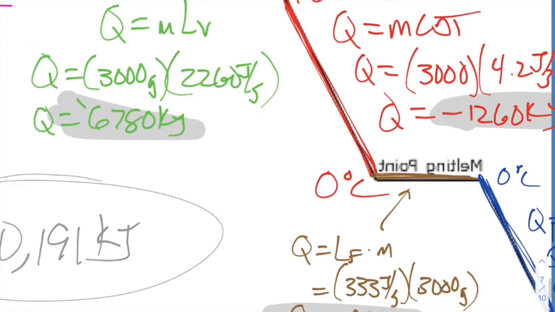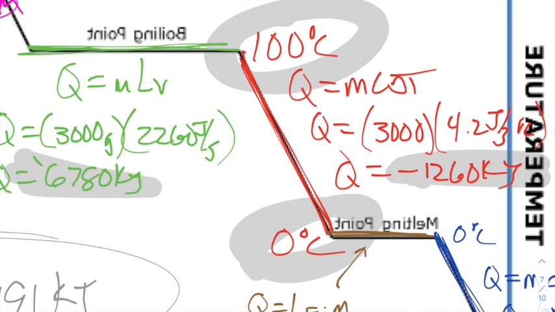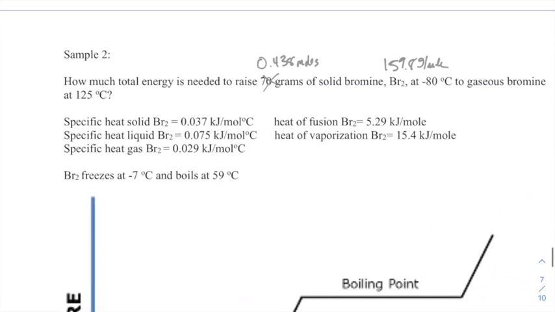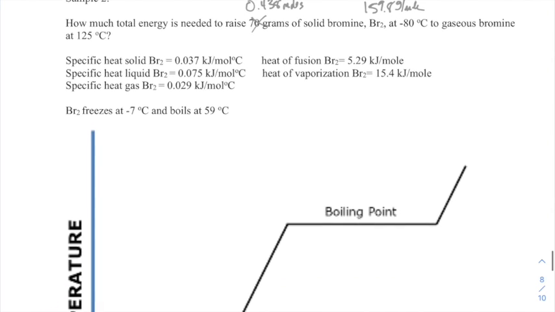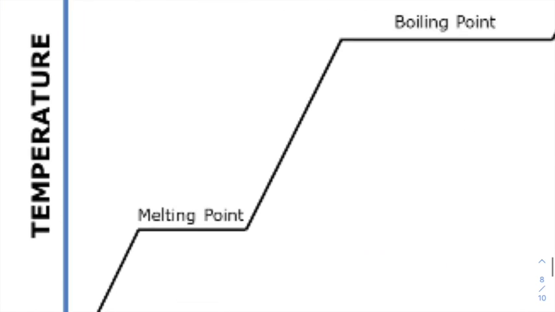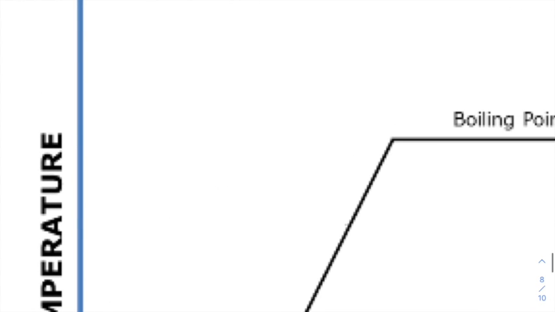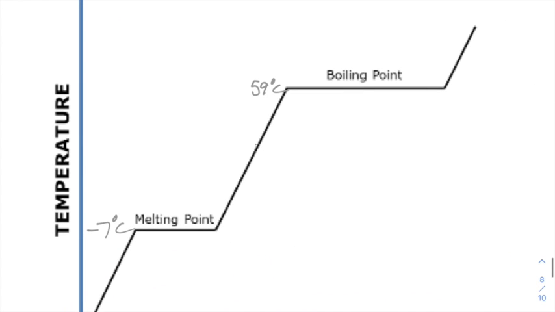And so that's the unit that you are going to use for the rest of these problems. Now, remember, up here for water, our important points were here at 100 and here at 0. Except that in this particular problem, we don't have water, so we don't have 0 and 100 anymore. We have these points, -7 and 59. So bromine actually melts and freezes at -7 degrees Celsius, and then it boils at 59 degrees Celsius.